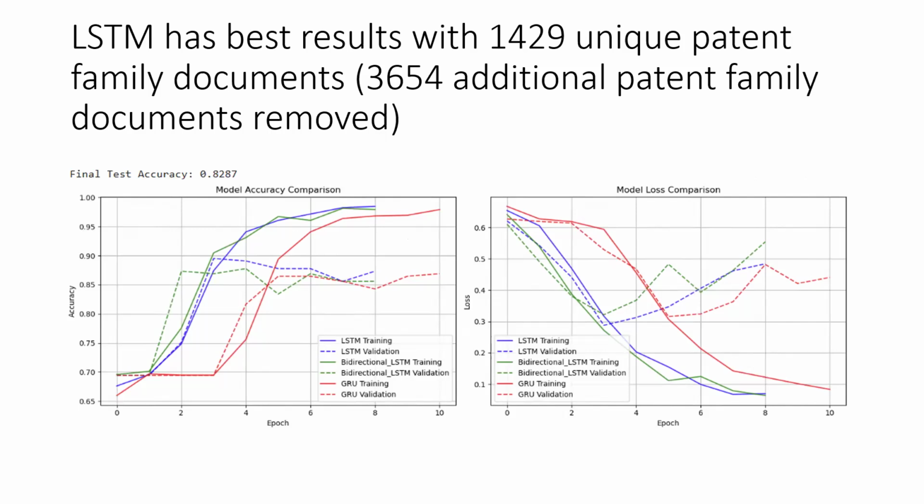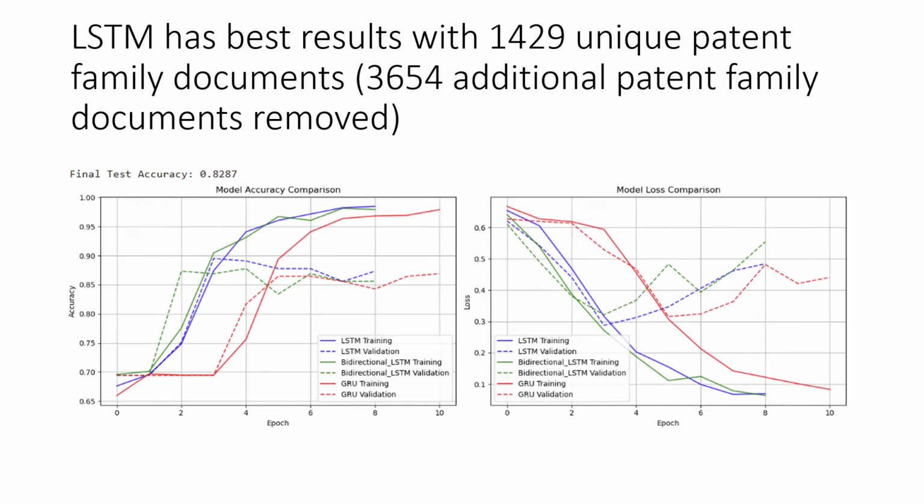So I have like 1429 unique patent family documents. So if I just drop every family member after the first family member, that removes 3,654 patent documents from my data set, leaving me 1429. So I ran this 1429 subset of the full data through the model again, only making that one change. So no real changes to the model or my code other than reducing the data set size.